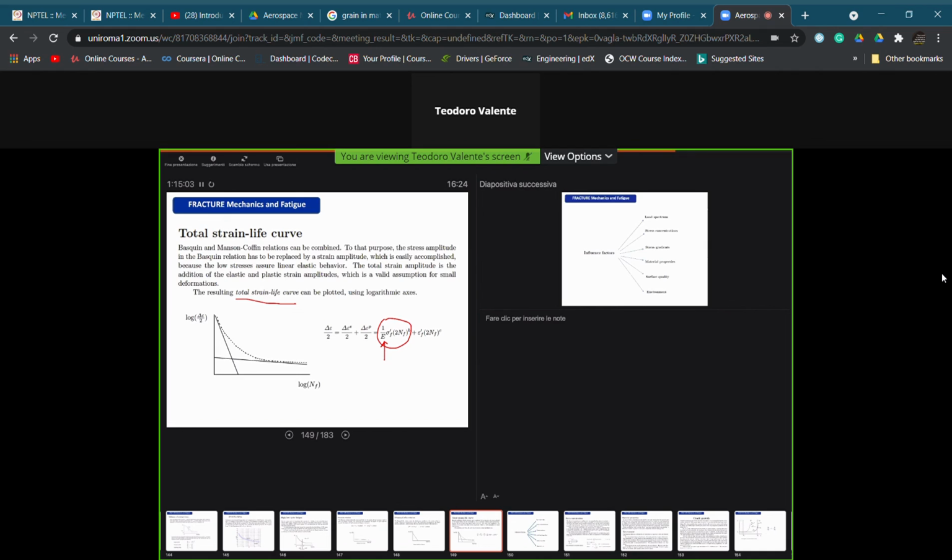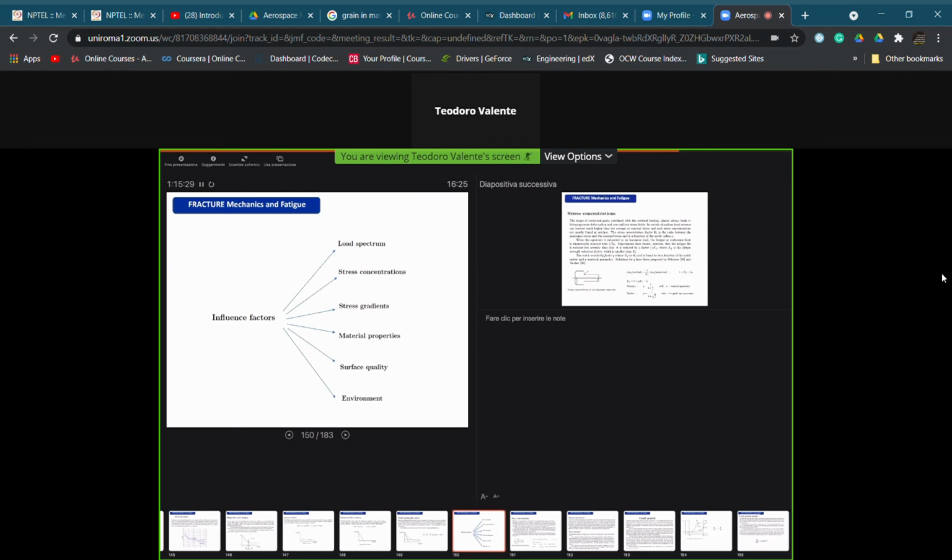We can sum the total deformation in order to have the total strain life curve, in which we report the total strain depending on the number of cycles to failure, which is usually drawn on diagrams, due to the high numbers, on a logarithmic scale.